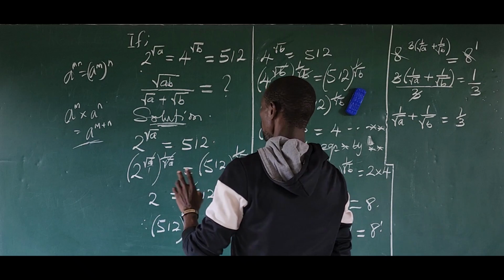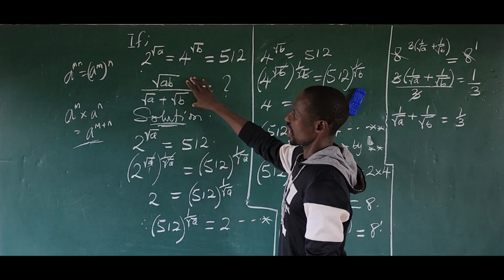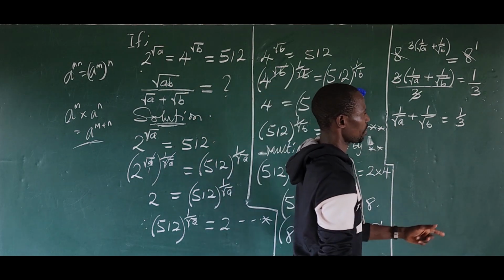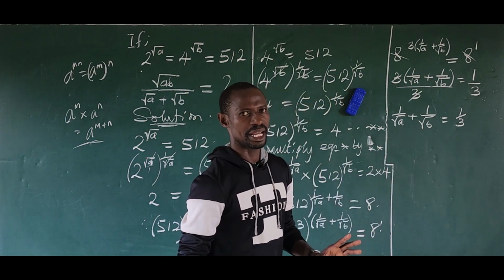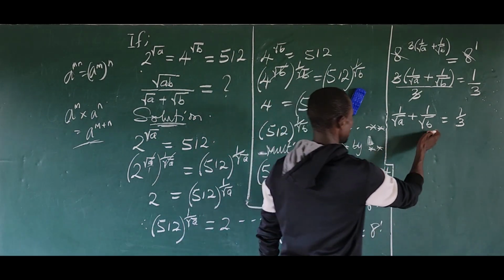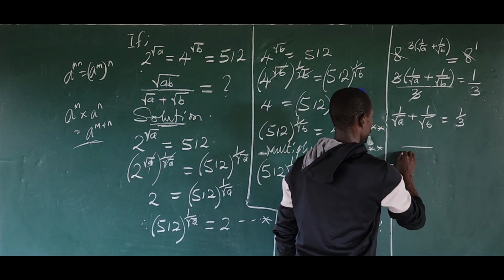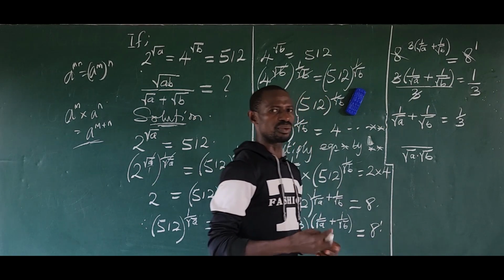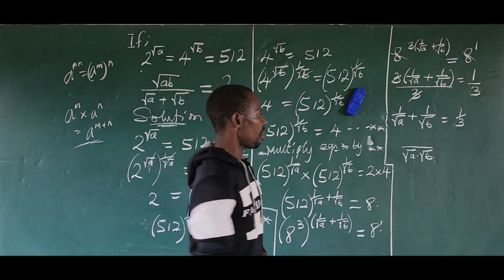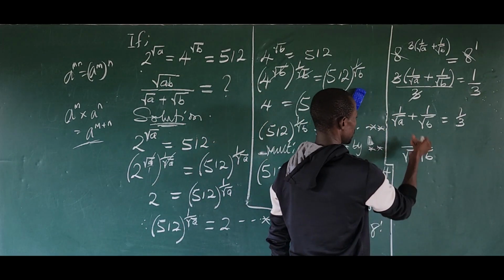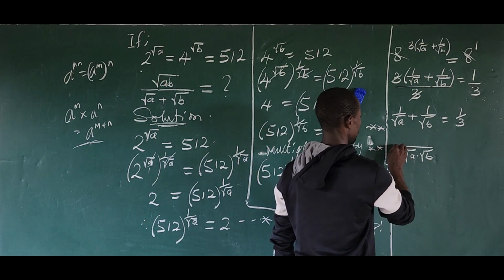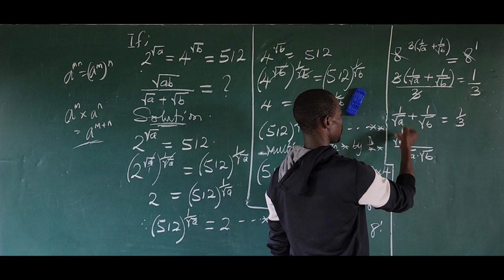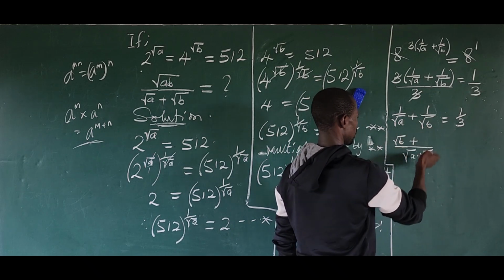Now remember, what we are asked to look for is this. So how do we manipulate this expression? Here we find the LCM of the system and simplify. So the LCM is going to give us root a times root b, which is equivalent to root a times b. All right. So from here, if we use this to divide this, we are left with this. So this is going to give us root b, plus use this to divide this.